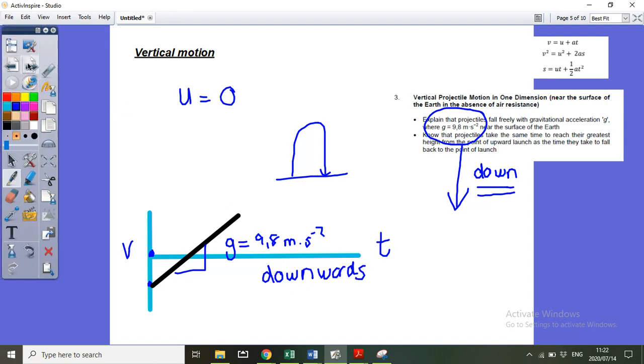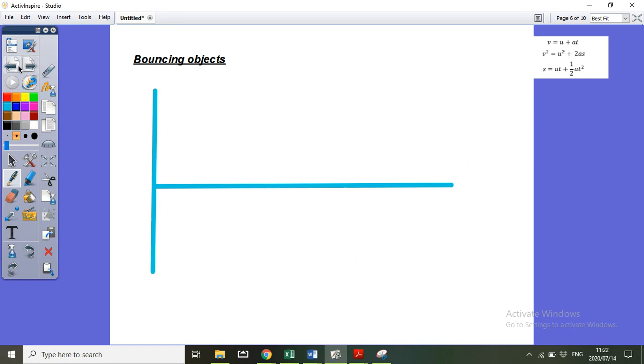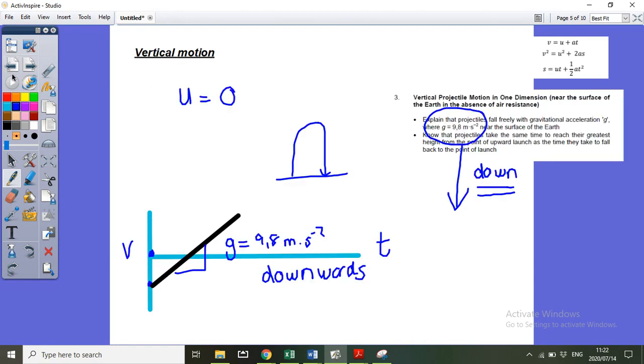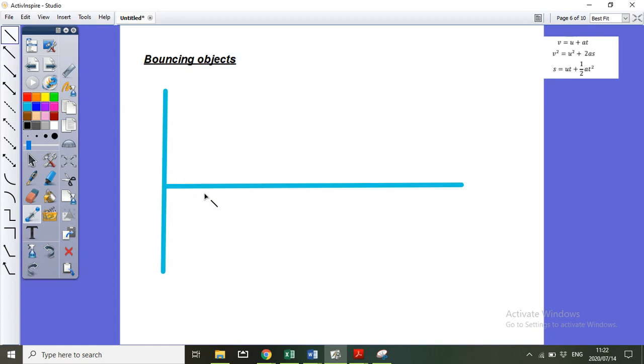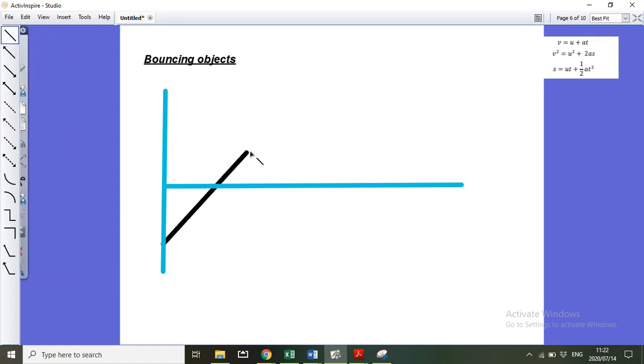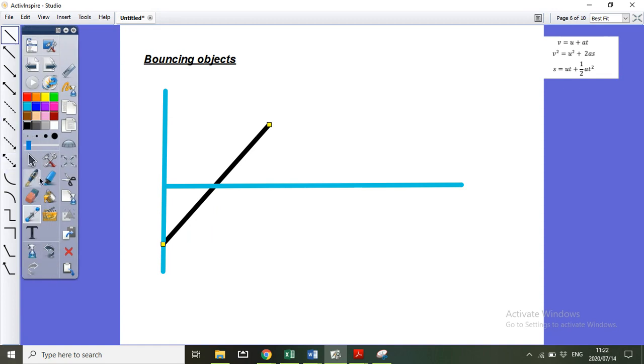Now, often you don't just get one motion, they give you bouncing objects. So if we look at this object that we had here that was thrown upwards, I'm going to just draw that same line again. So it was thrown upwards and there we go. So again, it's a velocity-time graph.